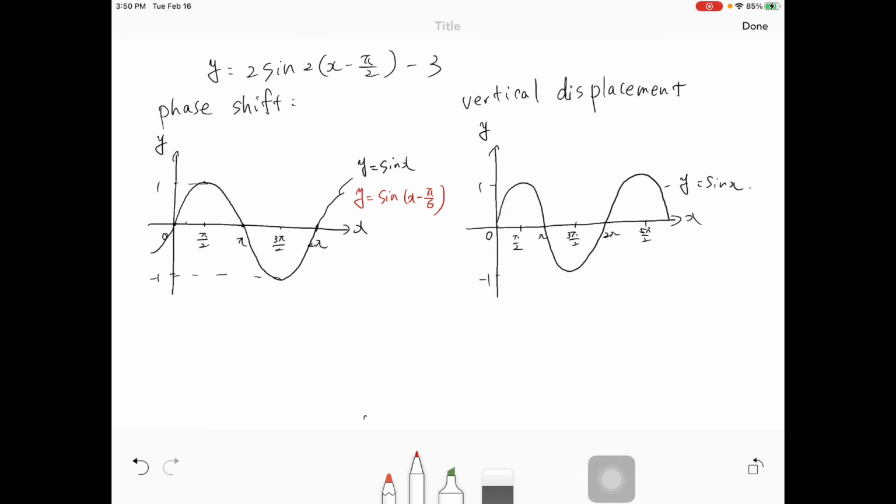How does the graph look like? The graph is going to be like that.